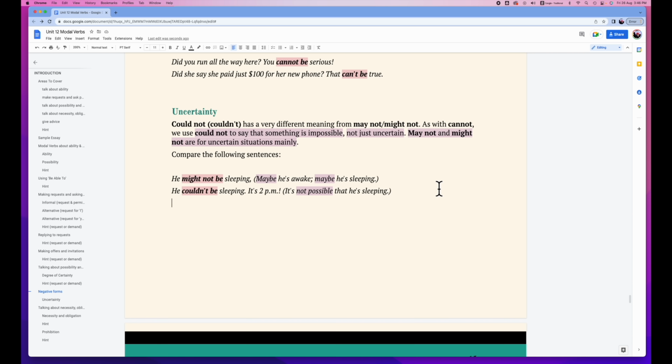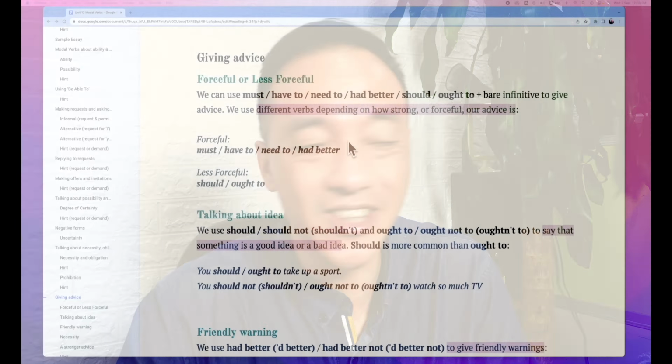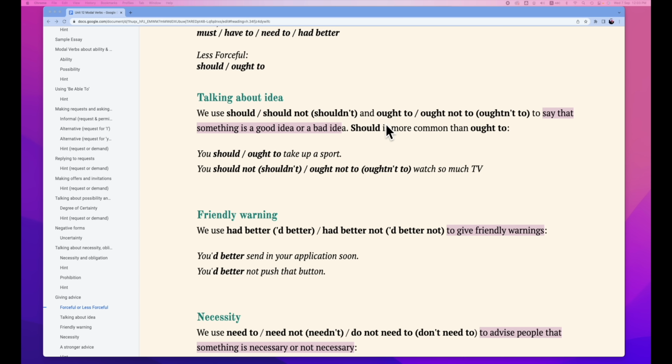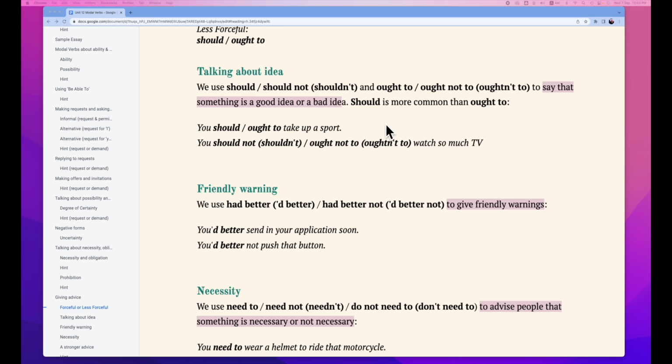This is the last part of modal verbs, and we cover advice. How to give advice with modal verbs, and how many different categories of advice we are going to cover. Let's take a look. Forceful and less forceful advice with modal verbs, and talking about ideas with modal verbs.